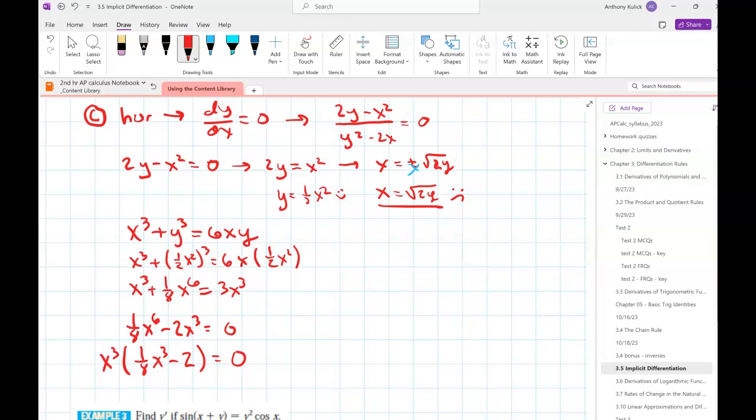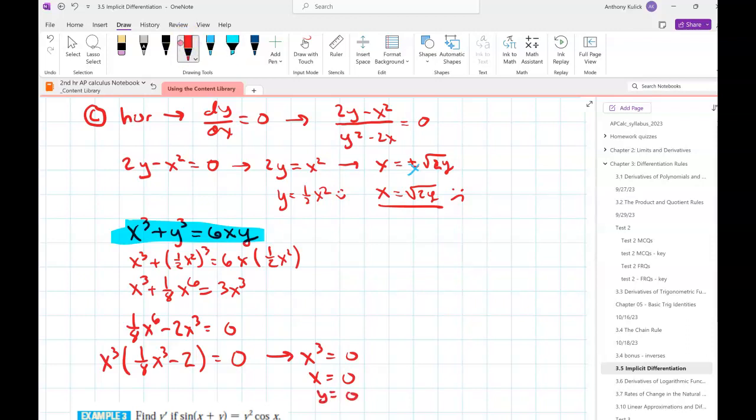So applying the zero product property, I have x equals 0. And if x equals 0, what does y have to equal then? If I go back to this equation, if I plug 0 in for x, y is 0.